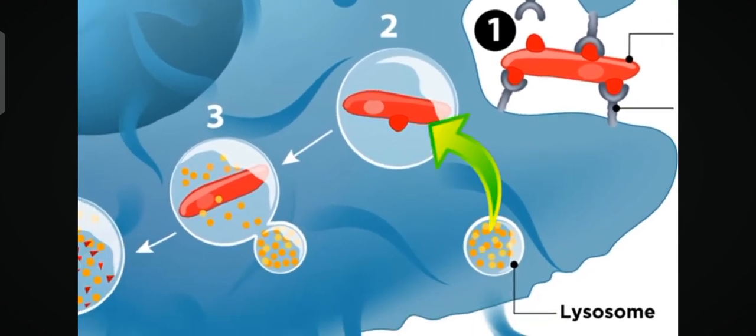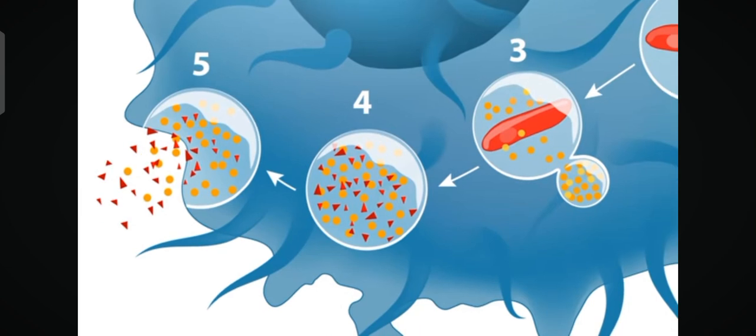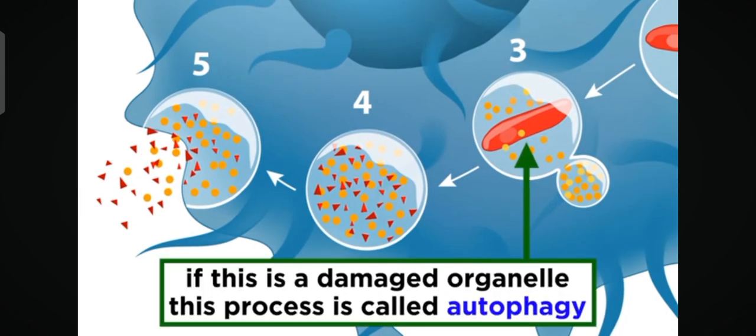Then a lysosome will fuse with the vacuole and break apart the big chunks of food into smaller bits. Lysosomes can also digest damaged organelles that need to be dismantled in a process called autophagy. This allows the cell to maintain optimal functionality.